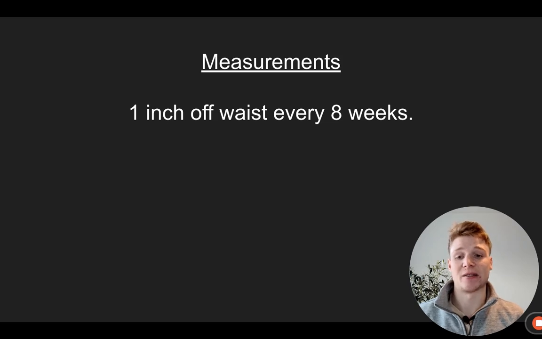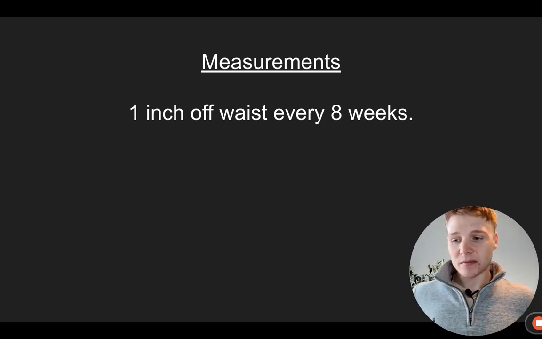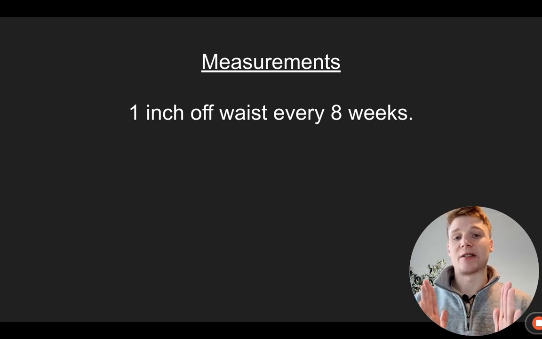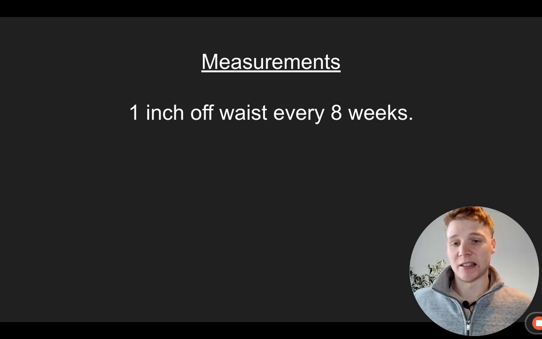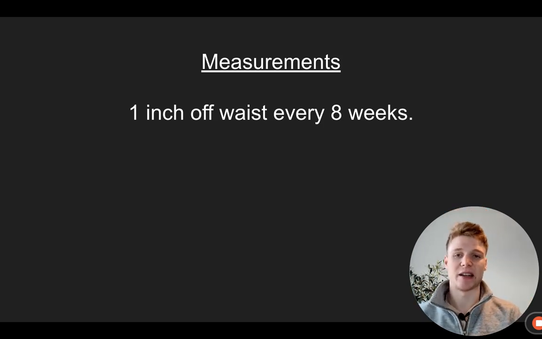So a good target is around 1 inch off your waist every 8 weeks, and you pretty much measure that by finding basically the narrowest point of your torso. It's probably roughly halfway between your belly button and your chest, and you just take a measurement of that every week.